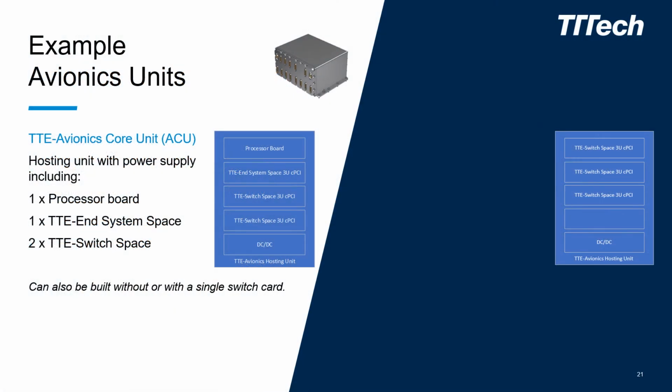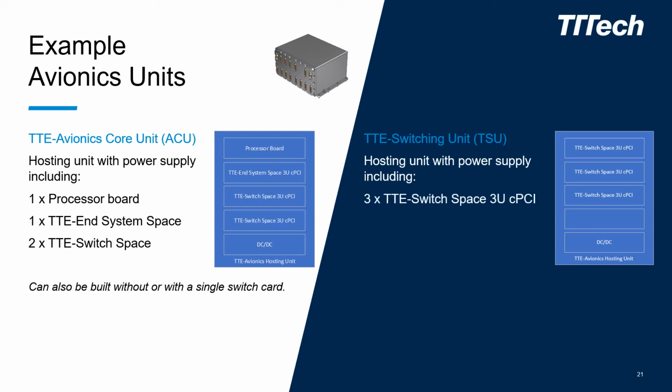A typical avionics unit would, for example, include a processor board, an end system, and 2 switch cards, but it can also be built without or with only a single switch card. Or as a TT switching unit, TSU, it would include the power supply and 3 TT switch space 3U compact PCI cards.